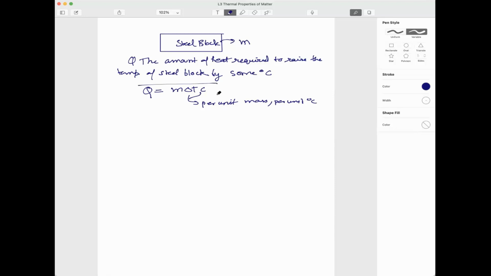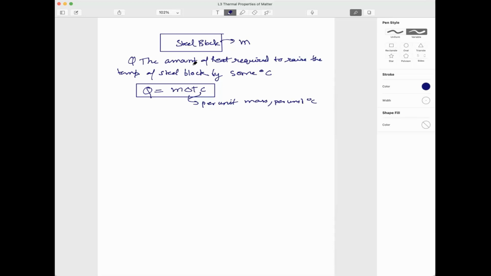So we need this specific heat to find the amount of heat required to raise the temperature of a steel block such that the net change in temperature is delta T and the mass of the block is M. Okay, so that is the concept here.